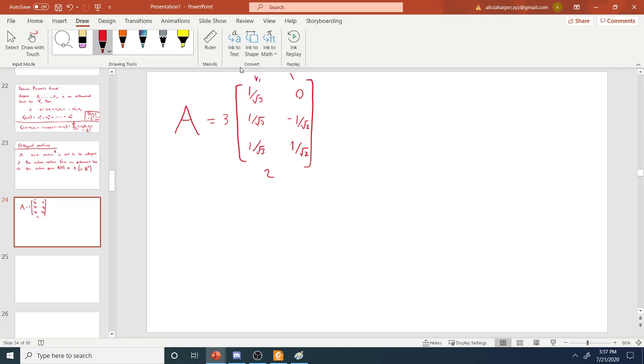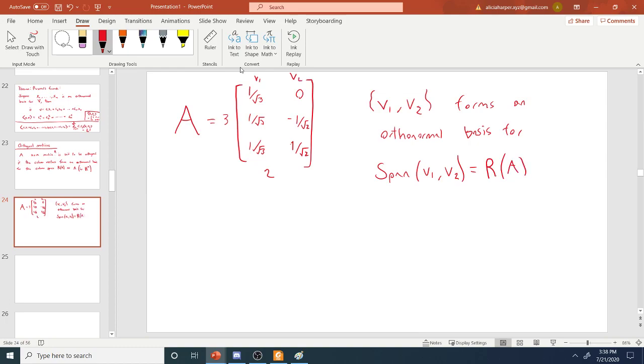So we have two column vectors, v1 and v2, and clearly v1, v2 forms an orthonormal basis for the span of v1 and v2, which of course is the same thing as the column space of A. So this is our first example of an orthogonal matrix.